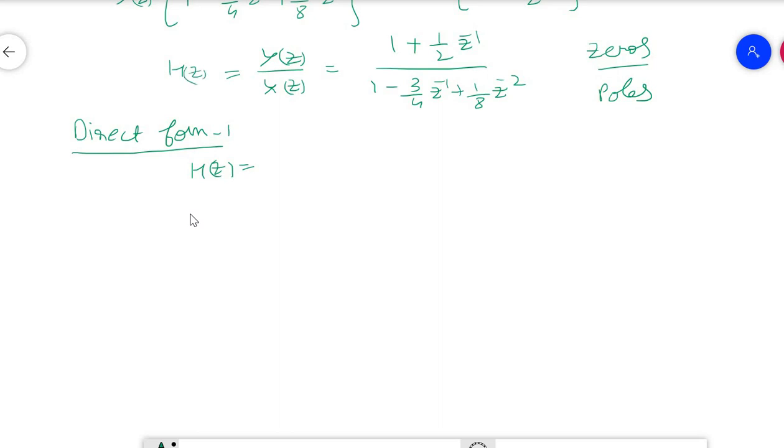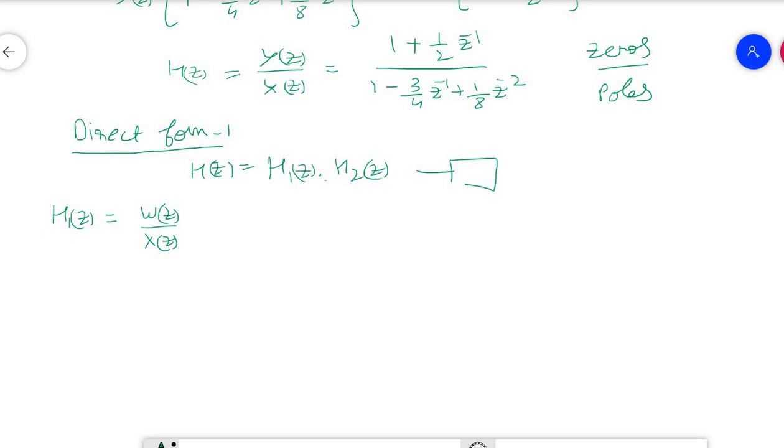This H(z) is converted into H1(z) into H2(z). So H1(z) is our zeros in the case of direct form 1 and H2(z) is our poles. So I am taking first of all this H1(z), and this H1(z) is W(z) upon X(z). Correct?